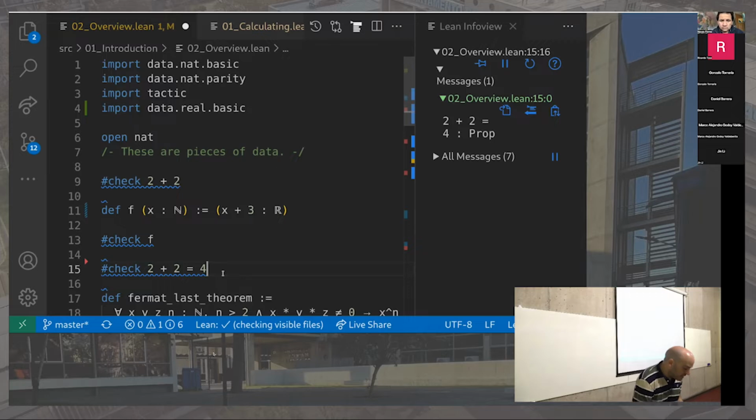If I ask to check 2 plus 2 equal to 5, it will still say it is a proposition. They have the same type. Of course, there is a big difference. This one is false, the previous one was true. But both are propositions. Both are statements. One is true, one is false, but both are propositions. Okay?